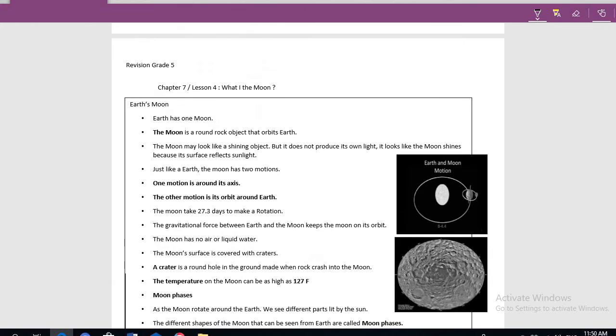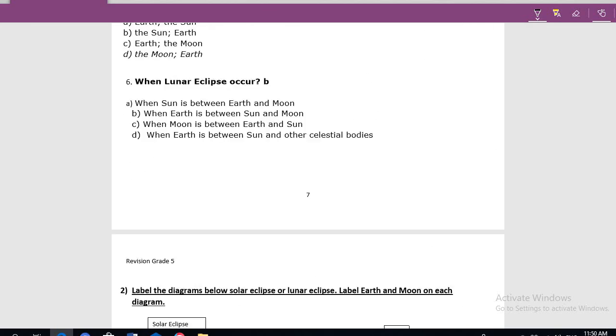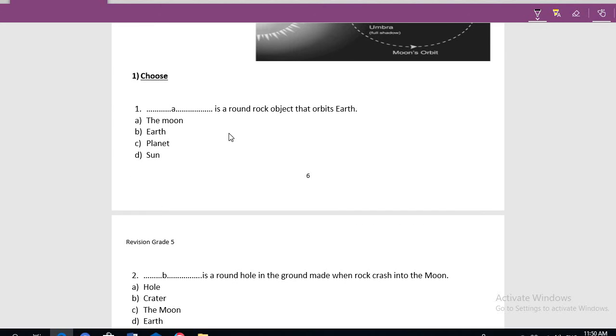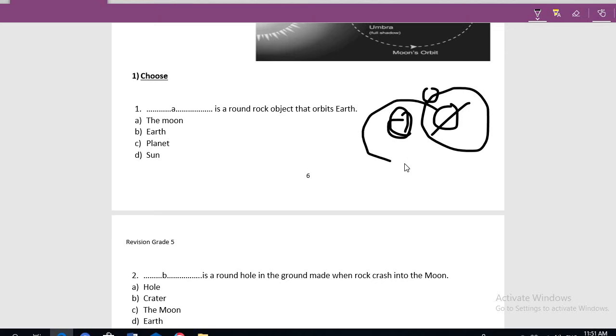Second lesson, about what the moon is. It's a round rock object that orbits Earth. This is Earth. The moon orbits Earth, and this is the sun.